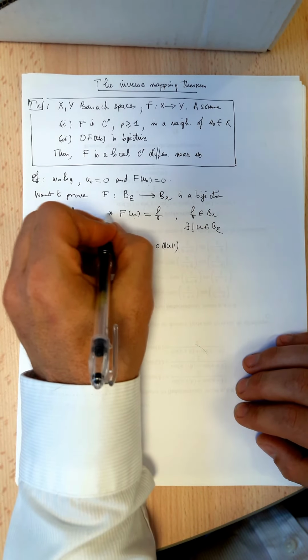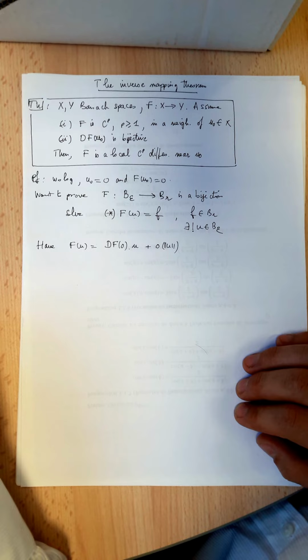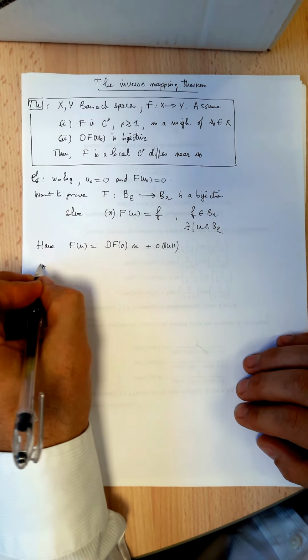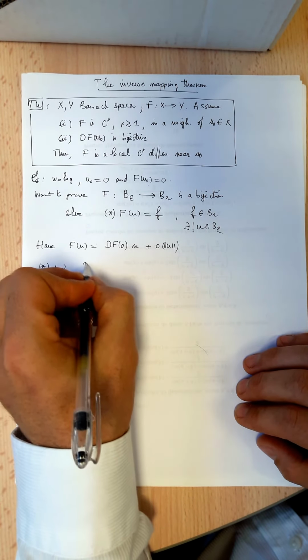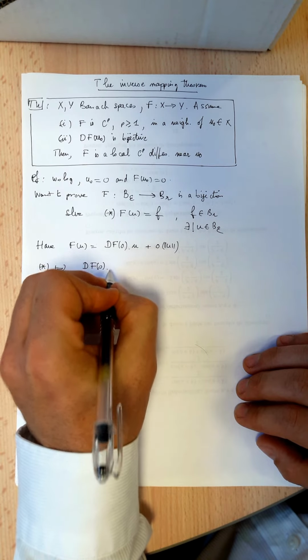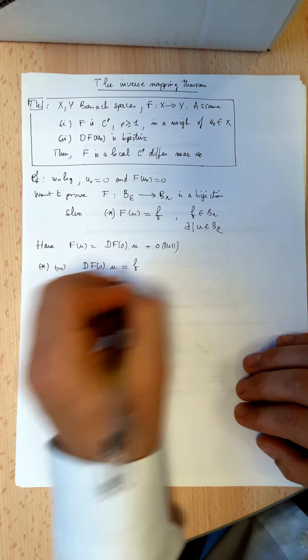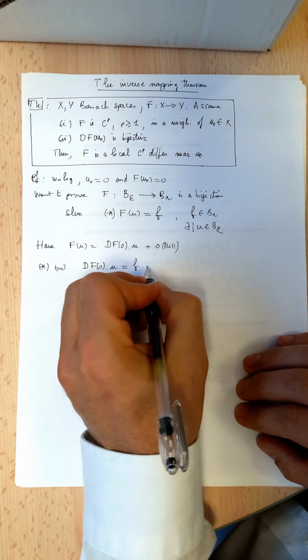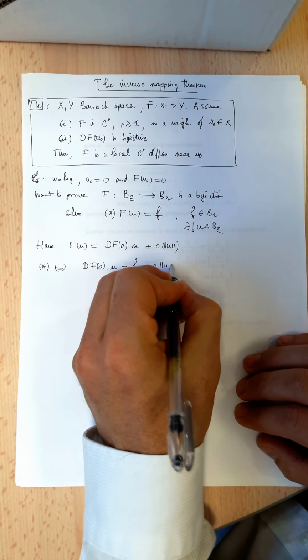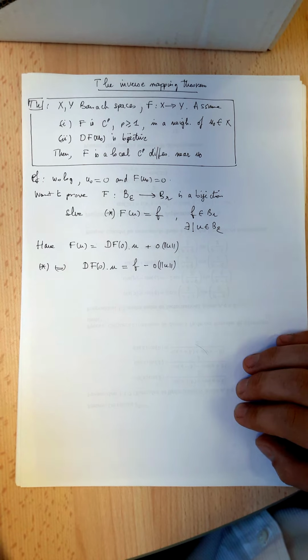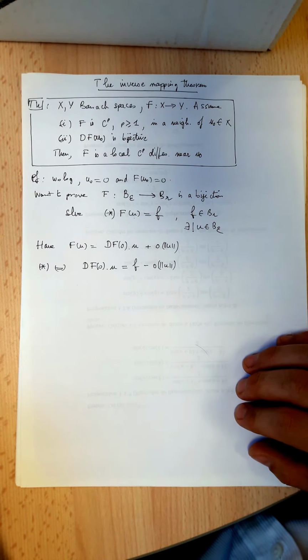So really the equation we're trying to solve, which I call star right away, is equivalent to asking that df of 0 times u is equal to g at leading order. Of course, I forgot a correction term, which is small o of u. But since it's small, I put it on the right-hand side.